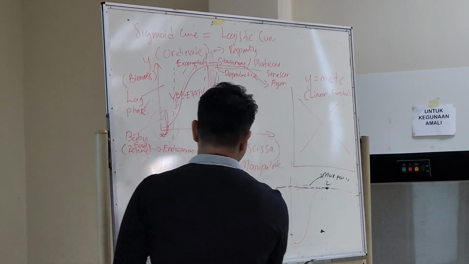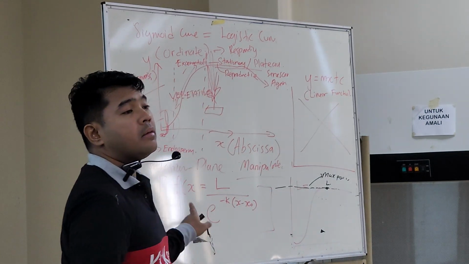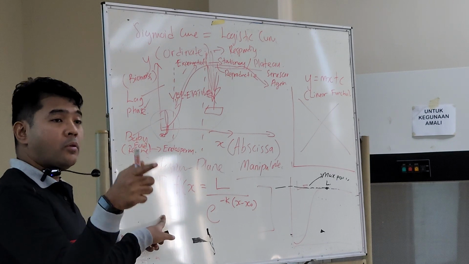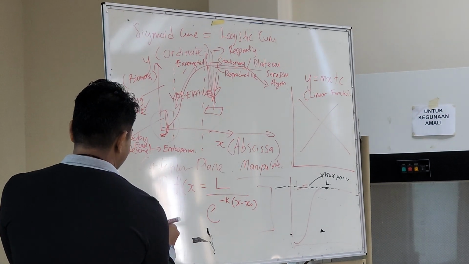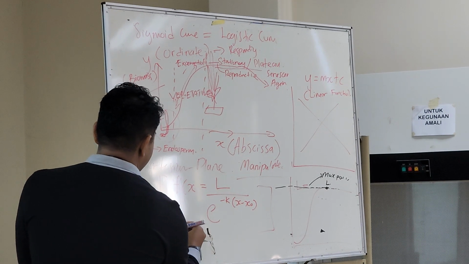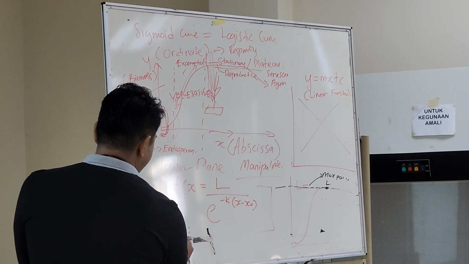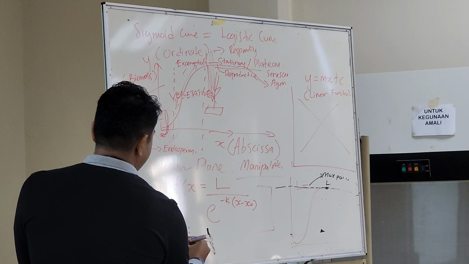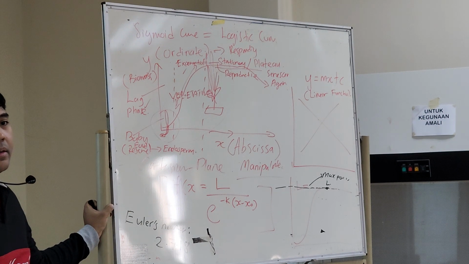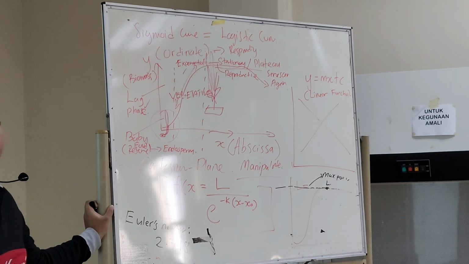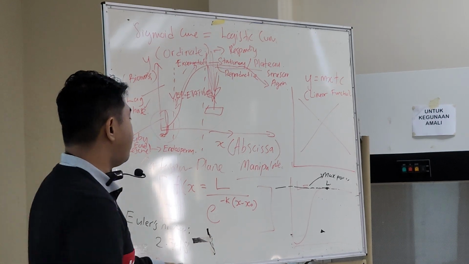L. E is explained in your notes. It's called Euler's number. So what is that? 2.718, I think. Can you double check? In one of the slides, it mentioned Euler's number. It's a constant. Is it? 2.718.